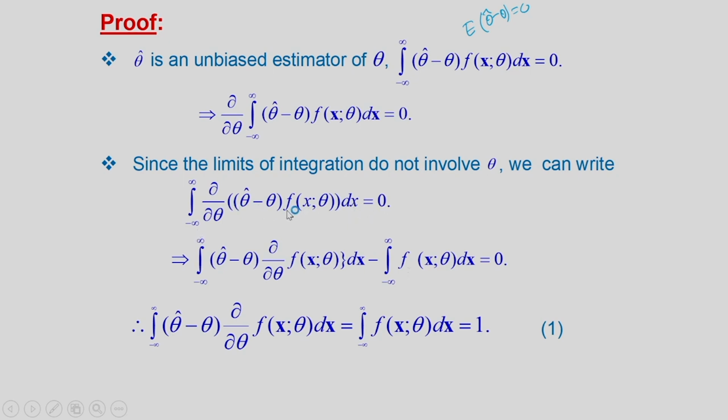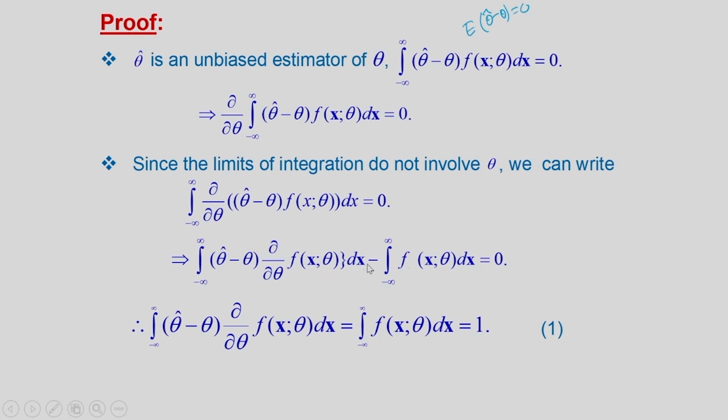Since this is a product of two functions, we can apply the product rule and we get the integration from minus infinity to infinity of (theta hat minus theta) times the partial derivative of f of x theta with respect to theta dx. Now, theta hat minus theta has a partial derivative of minus 1, so minus the integration from minus infinity to infinity of f of x theta dx must be equal to 0. This is just applying differentiation.